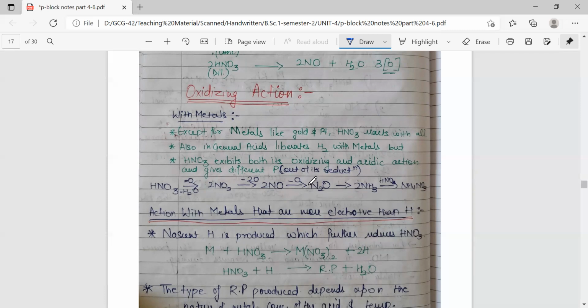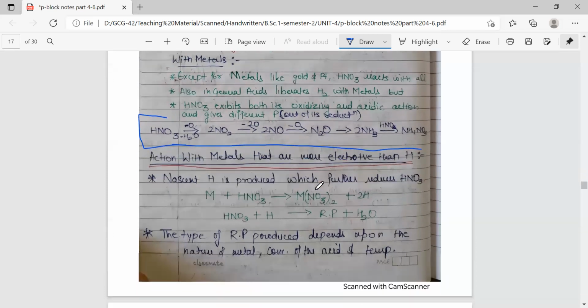So it gives different products out of its reduction. When it undergoes reduction, it gives these types of products based upon the conditions. So these are the products which it can generate.